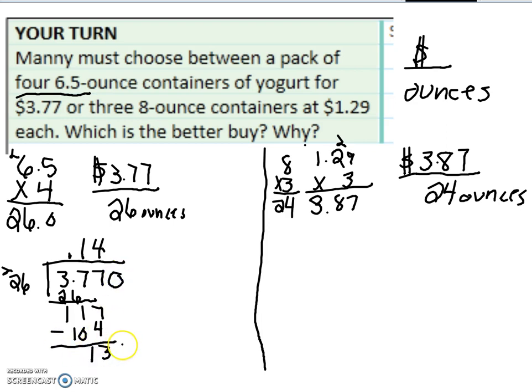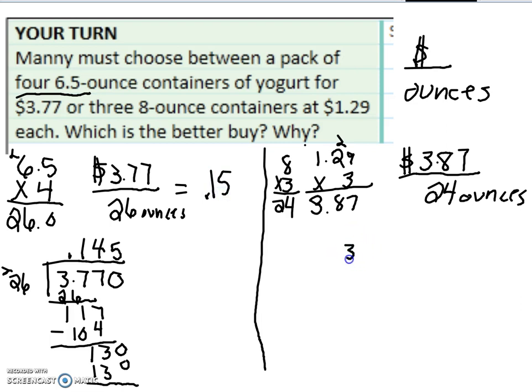Add a 0, and 26 can go into 130 5 times. 5 times 6 is 30. 5 times 2 is 10, plus 3 is 13. Now this rounds to 15 cents.